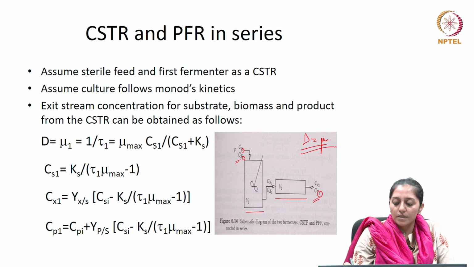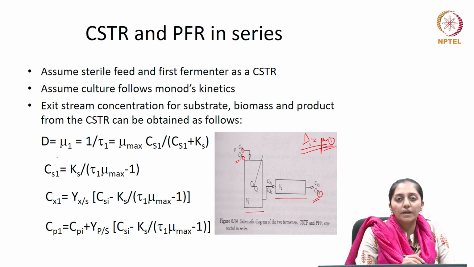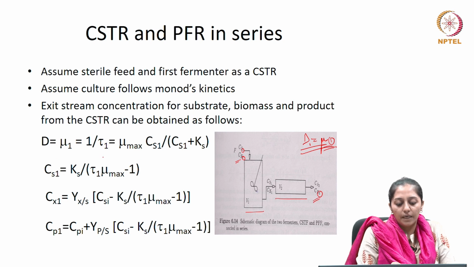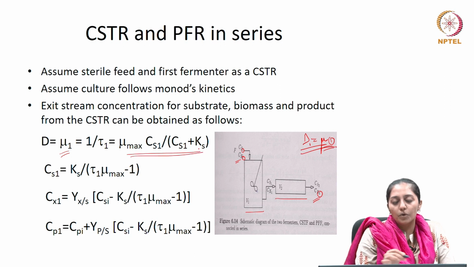So for the first reactor, the dilution rate will become equal to mu1, where mu1 is the specific growth rate of the culture in the first reactor. Now if the culture follows Monod's kinetics, we can further expand mu1 using Monod's model, which is a function of substrate concentration.